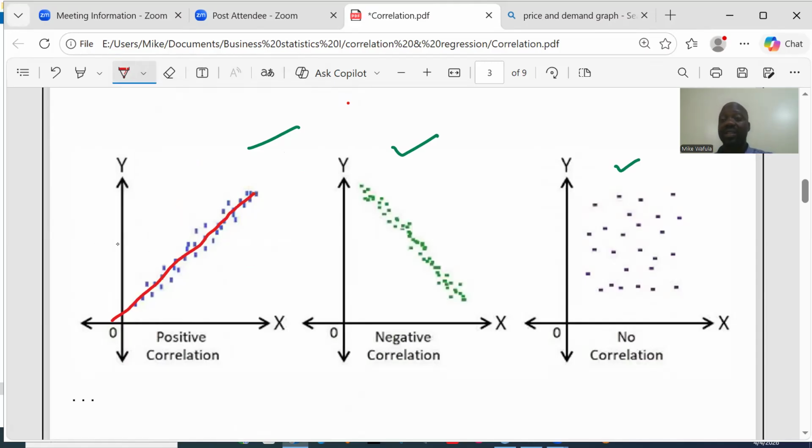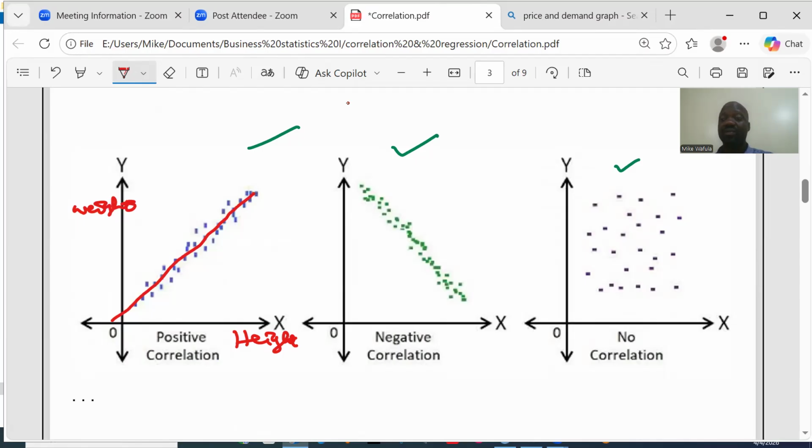A good example in this case could be weight and height of children under 10 years. When kids are born, particularly in the period of 0 to 10, as the kid increases in height, the weight of the kid also increases. So the two variables are positively correlated.